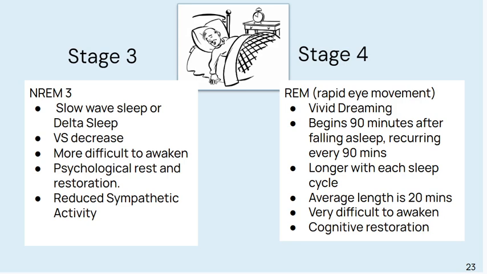As you build healthier sleep habits, the longer this cycle will continue for individuals. The average length is roughly about 20 minutes. And during that phase, it can be very difficult to wake a patient. But this stage does help restore our cognitive abilities.